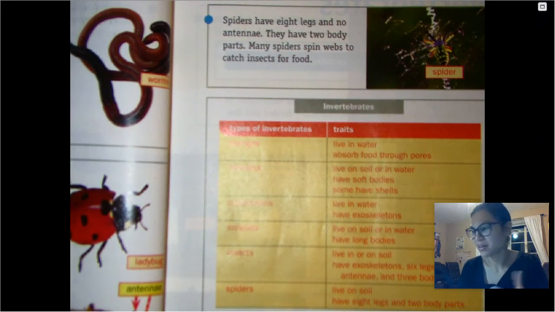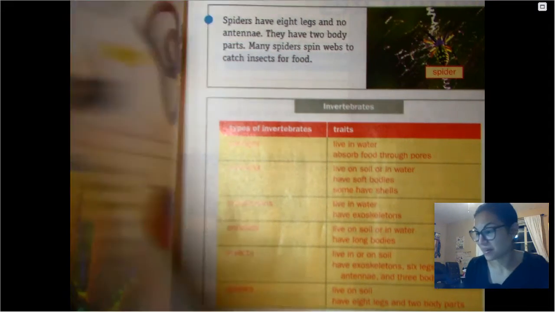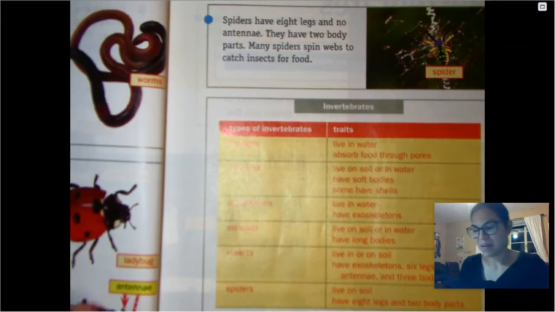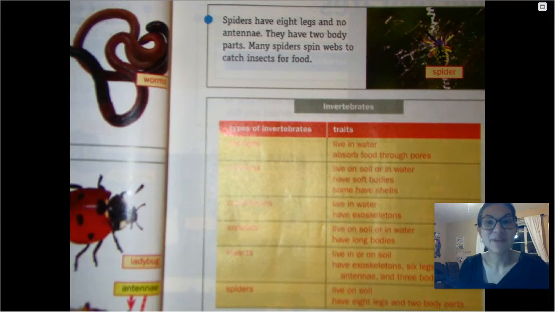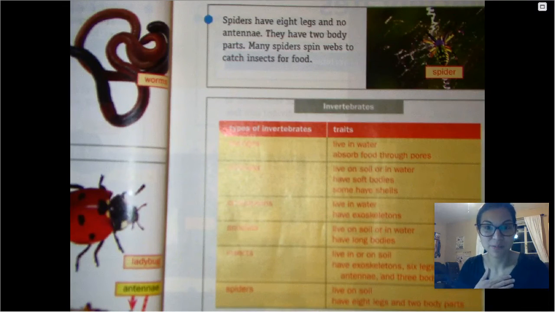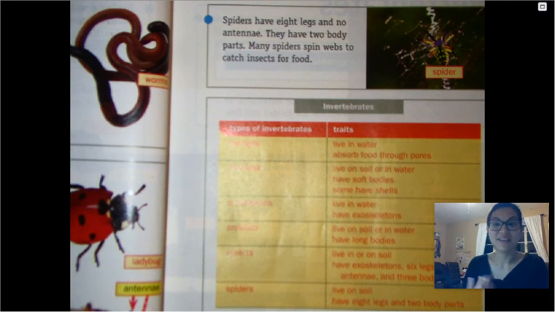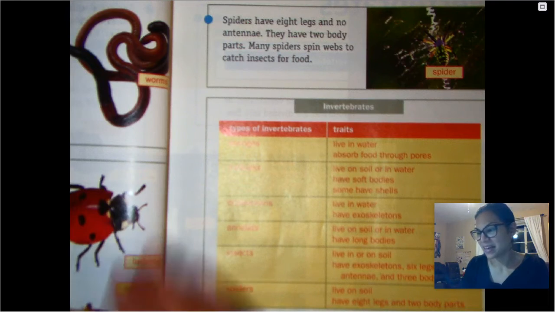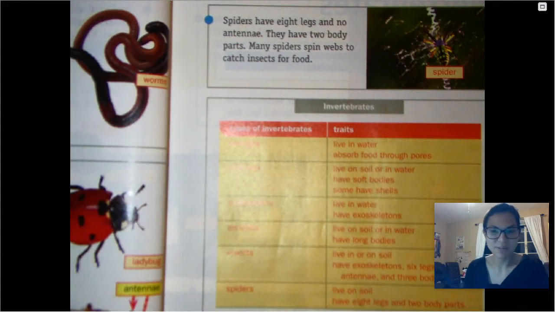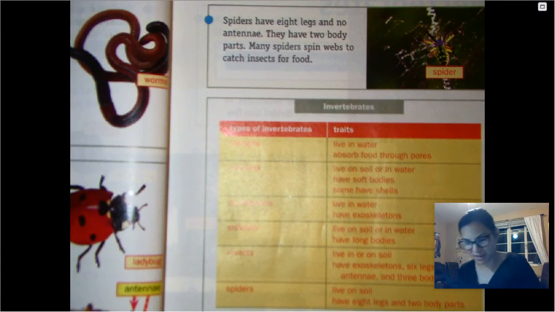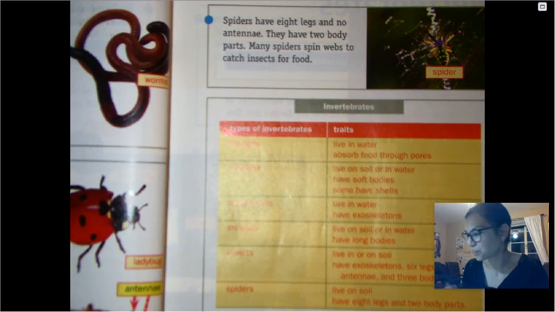I thought I covered that right at the beginning, but I guess I didn't. But we covered it a lot. Vertebrates do have a backbone. So humans are vertebrates. All these other animals that we're discussing today are invertebrates. They do not have a backbone, just like a worm. So going back to the example of a worm, when you've held a worm before, they're pretty flexible. They don't have that backbone, okay?